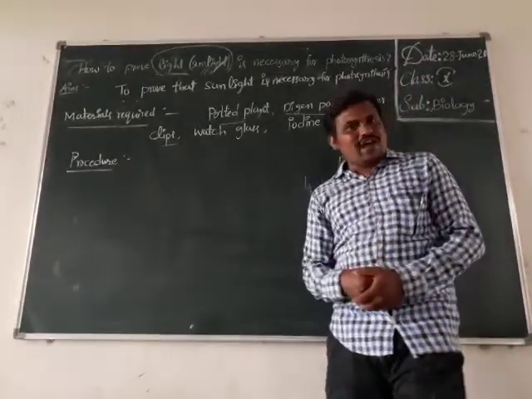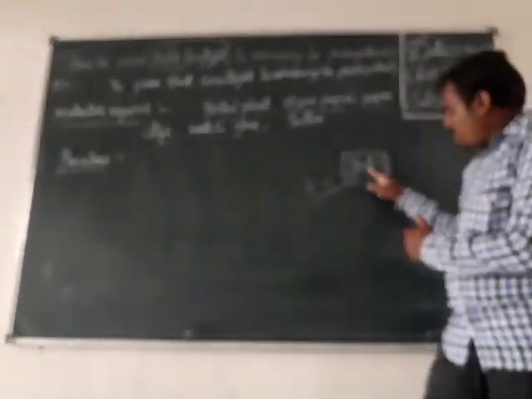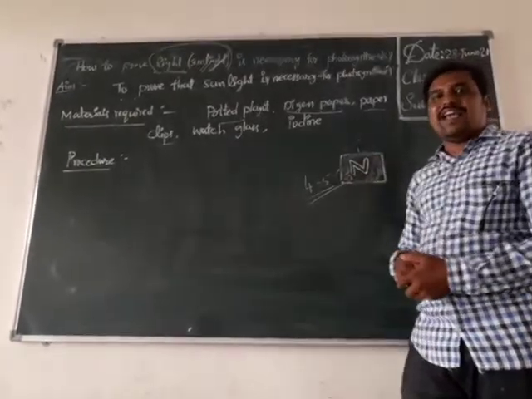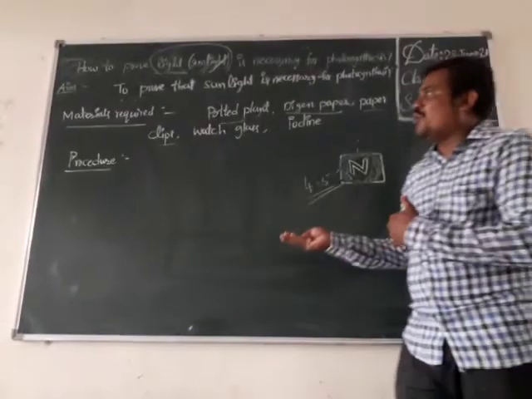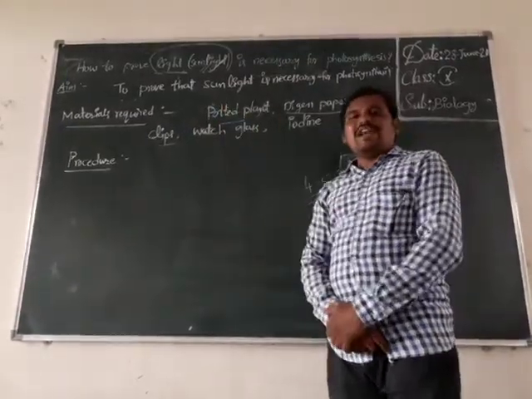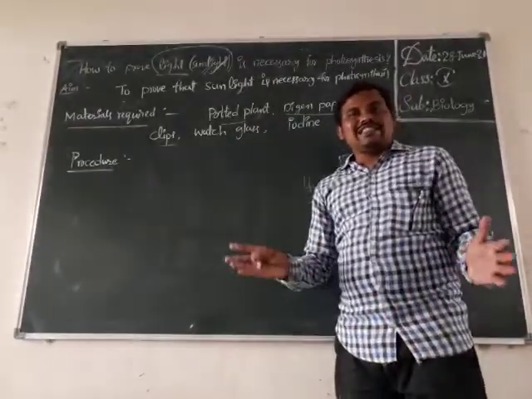So in this experiment, the design part and uncovered area of the leaf turn blue or black. So we can prove that light is necessary for photosynthesis.